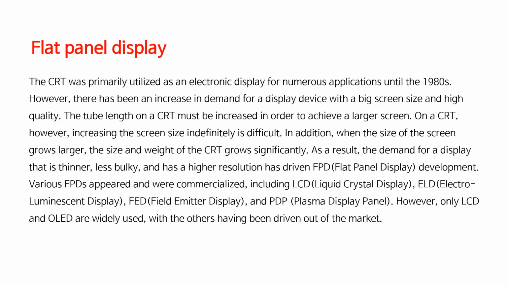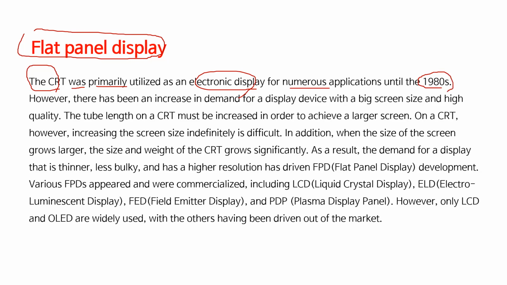Now let's see the flat panel display. The CRT was primarily utilized as an electronic display for numerous applications until the 1980s. However, there has been an increase in demand for a display device with a big screen size and high quality.